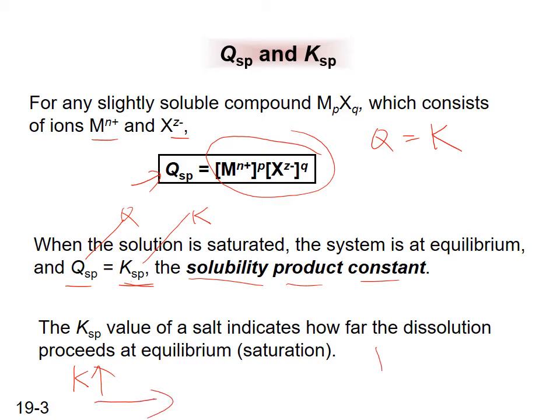Similarly, if Ksp is large, that means there are a lot of ions in the solution, so the solid is highly soluble. On the other hand, if Ksp is very small, that means in the solution there's only a tiny amount of ions, and so that indicates the solid is only slightly soluble.